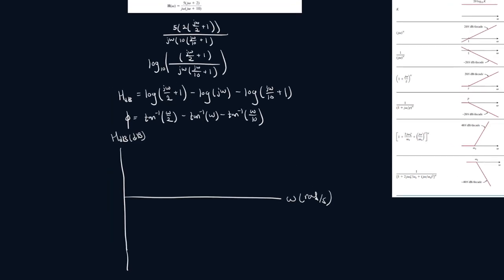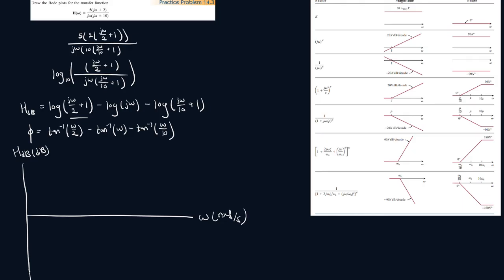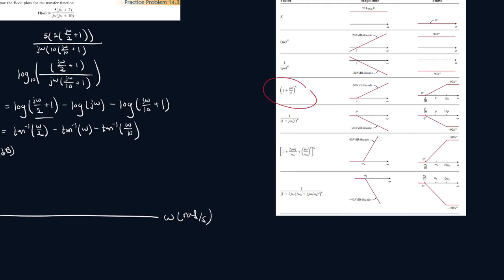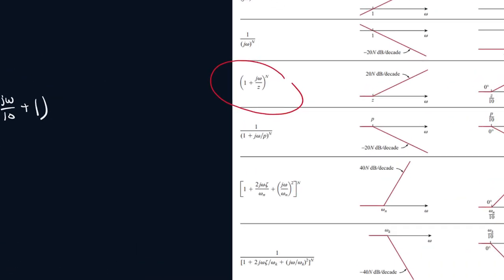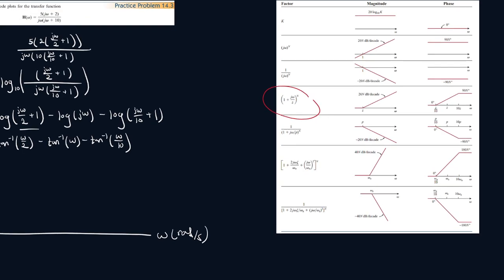So what we're going to do is first plot this one, jw over 2 plus 1. So we see this formula matches it, and we see at point Z, which is whatever is being divided by jw, our graph is going to break and have a slope of 20 decibels per decade. So notice it's not in decibels per radians per second.